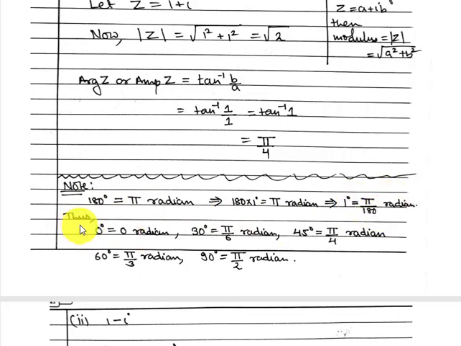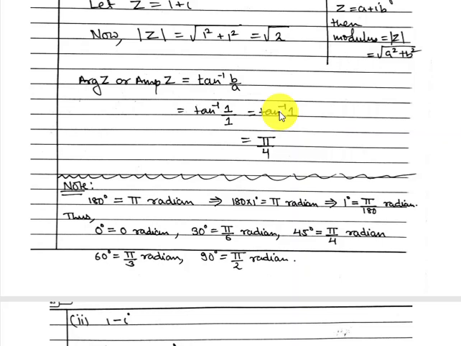From this you can conclude that 0 degree means 0 radian, 30 degrees means pi by 6 radian, 45 degrees means pi by 4 radian, 60 degrees means pi by 3 radian, 90 degrees means pi by 2 radian. So here when we got this tan inverse 1, the next step is to write the angle for which tan gives 1. We know that tan 45 is 1.